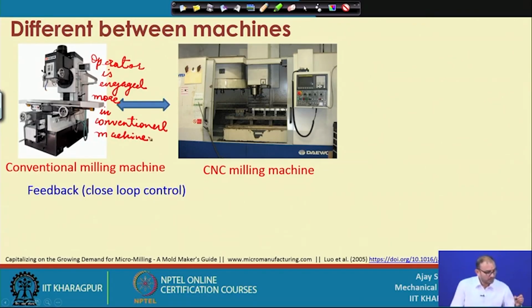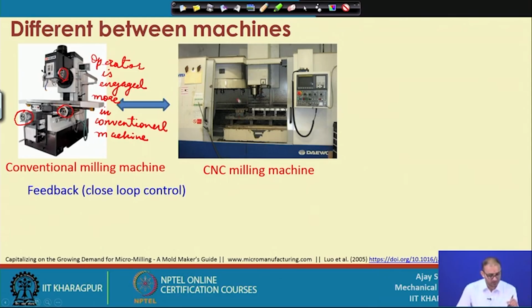Why is it so? Because in a conventional machine, the operator has to do all the setups, and during machining also he has to operate everything. Automated feed is available, but many times the operator himself does these operations, moving the job down and then doing a small cutting. So, engagement of the operator is more in the conventional machine.